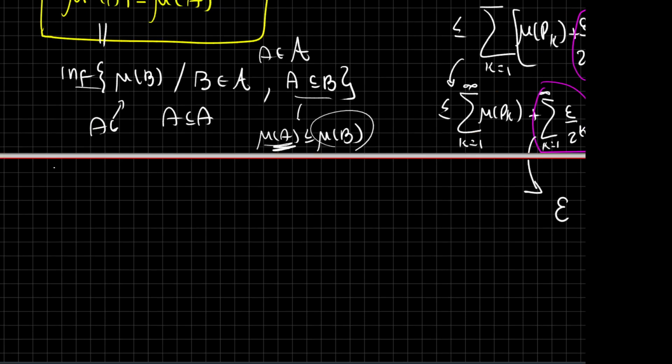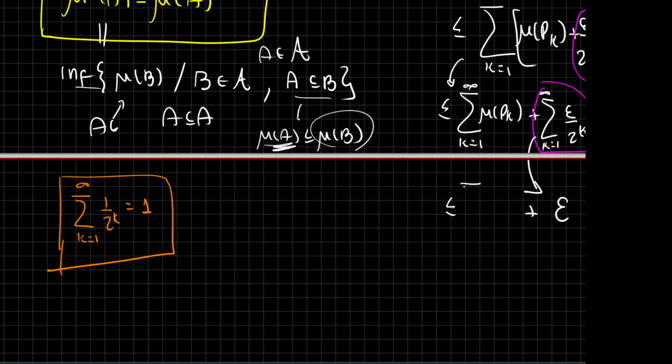Just remember, the value of this sum from k equals 1 to infinity is equal to 1. So this is equal to epsilon, and this is equal to this.